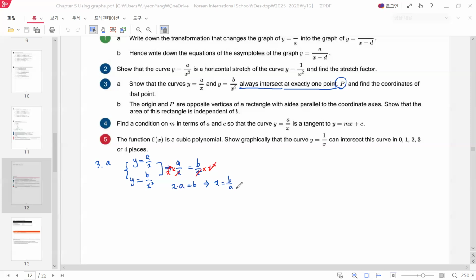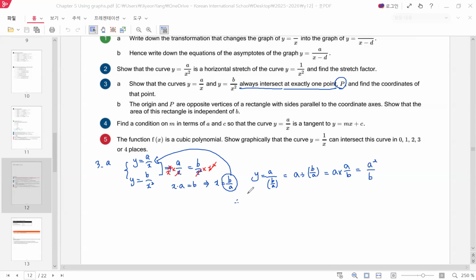Then if you substitute this value in, y equals a over b over a, which is a divided by b over a, which is a times a over b, that means a squared over b.